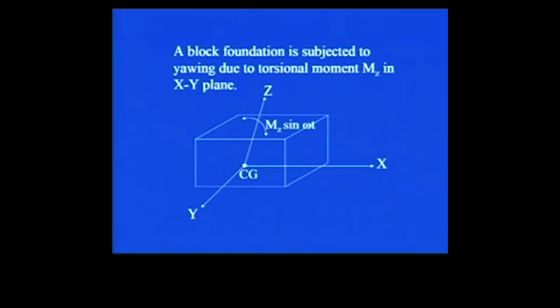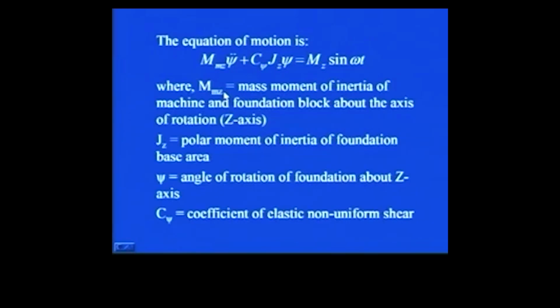You can see here that this block has been shown with the x axis, y axis and z axis, and along the z axis a moment has been applied, of magnitude Mz sin omega t. So a block foundation is subjected to yawing due to torsional moment Mz in the xy plane along the z axis.